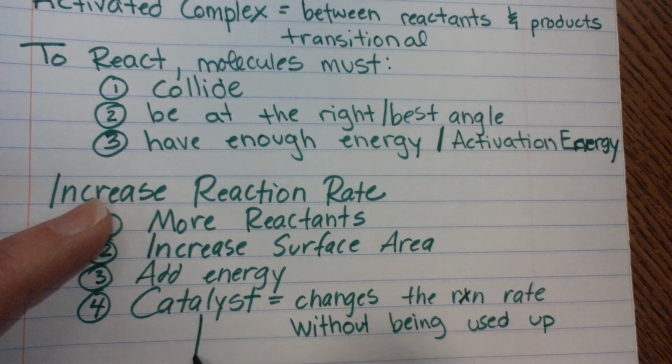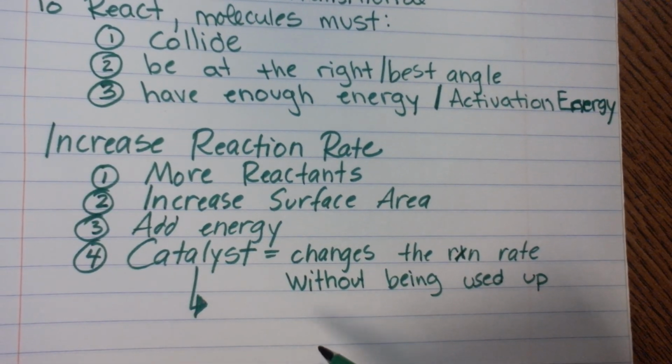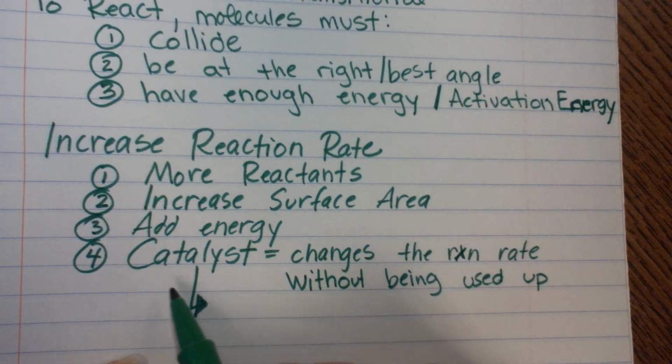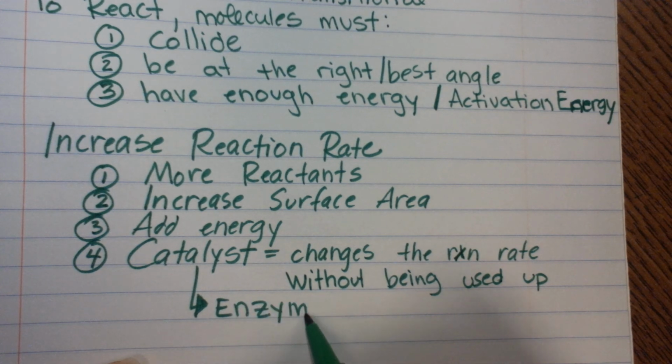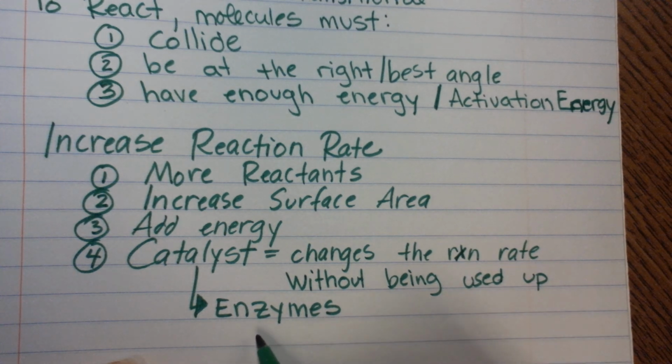Your body has a lot of catalysts because, like I said, we can't wait on reactions to happen and just hope that they do. That doesn't facilitate life. The catalysts inside your body are called enzymes. Give me a thumbs up if you've heard of enzymes before. Okay, so we know this word. For instance, there is an enzyme called lactase.